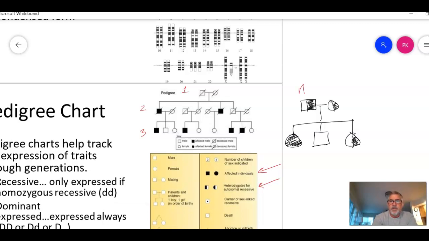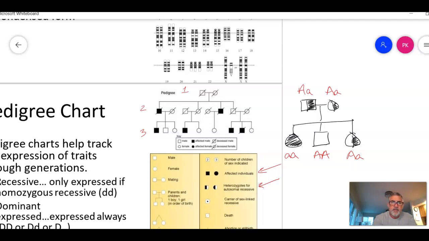This one we could say was a carrier for the recessive disease. This one we could say has the recessive disease. This one is not a carrier, and this one is a carrier. Okay, so that's what that means.